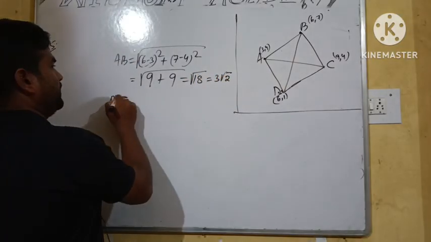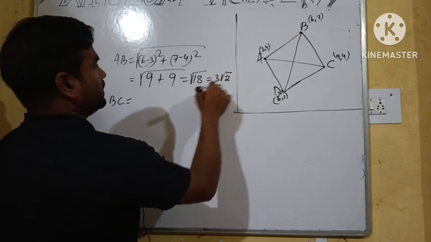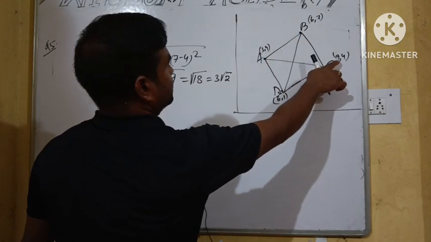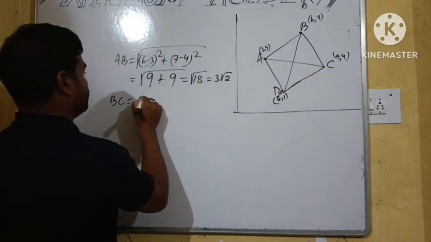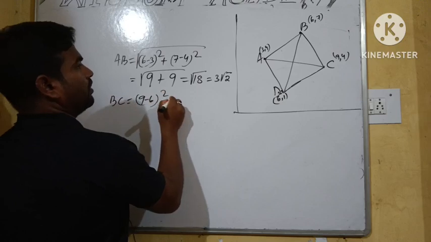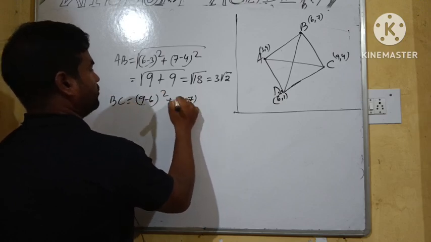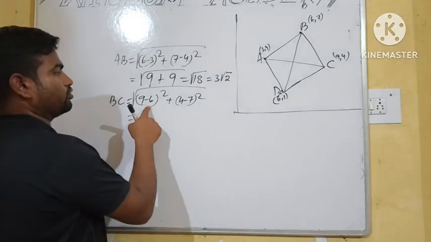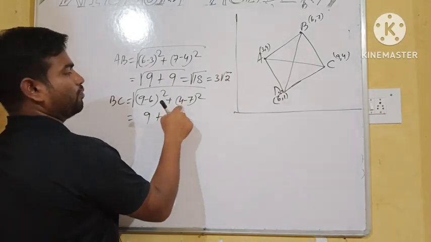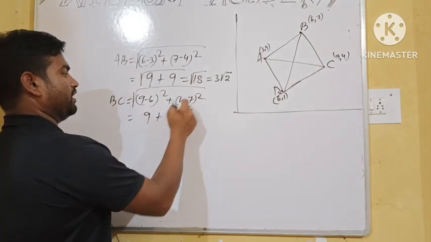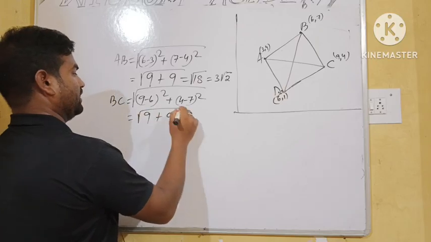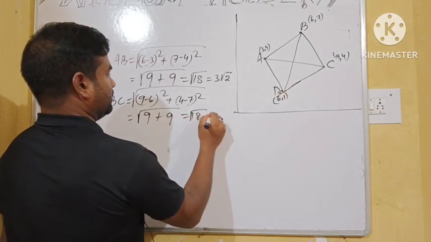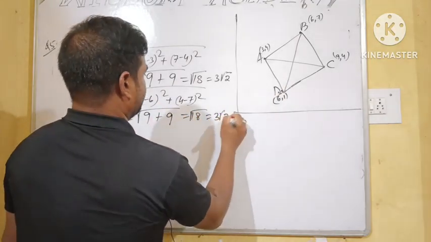Then BC is the distance between B and C: (9 minus 6) whole square plus (4 minus 7) whole square. 9 minus 6 is 3, the square is 9. 4 minus 7 is minus 3, the whole square is also 9. Square root of 18, which is also 3 root 2.